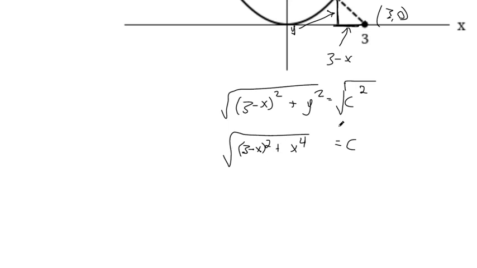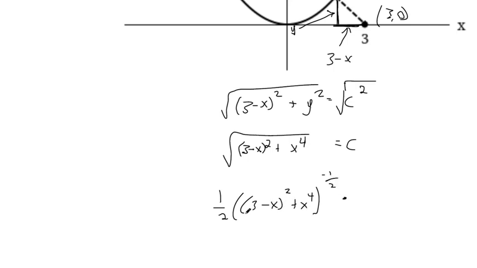So the square root is a 1/2 power. So when you take a derivative, the 1/2 power comes down. Everything on the inside stays the same. The power gets reduced by 1, so this is now negative 1/2. And then we need to use the chain rule. Then we multiply by the derivative of the inside.